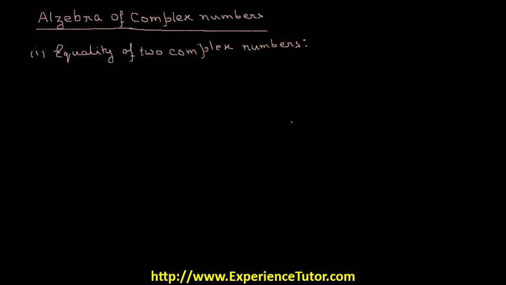So if z1 is equal to x1 plus i y1 and z2 is equal to x2 plus i y2, and if we say that z1 is equal to z2, then x1 should be equal to x2 and y1 will be equal to y2.